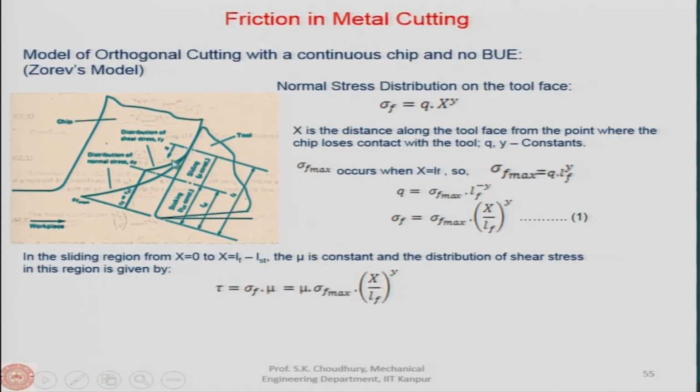Now, once again, this is the distribution of the shear stress, and this is the distribution of the normal stress, up to the point where the chip loses contact with the rake face of the tool. So, as you can see from this curve, normal stress is maximum at this point, and as it goes along this chip-tool contact length, the normal pressure goes down.